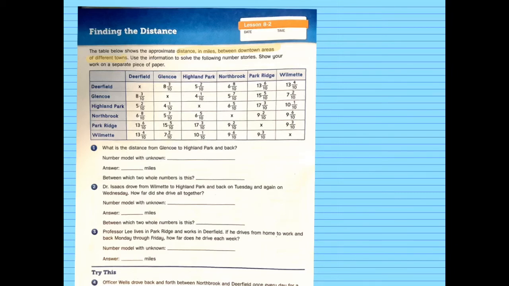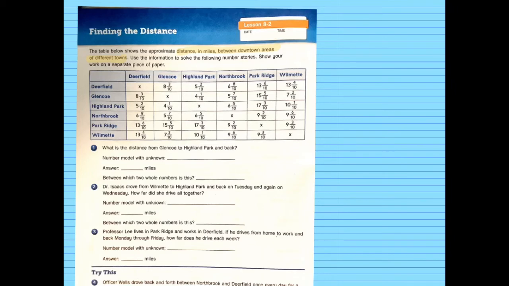What is the distance from Glencoe to Highland Park and back? Very important. So, if you go over Glencoe to Highland Park, it is 4 1/10 mile. Is that our answer? No, because it asked us something very important. It said, and back.